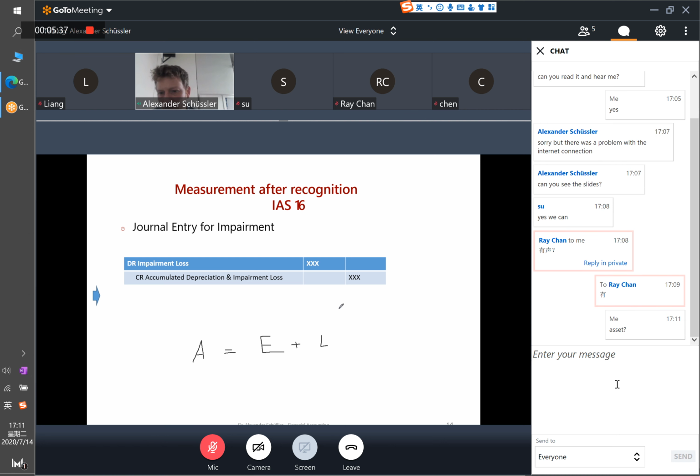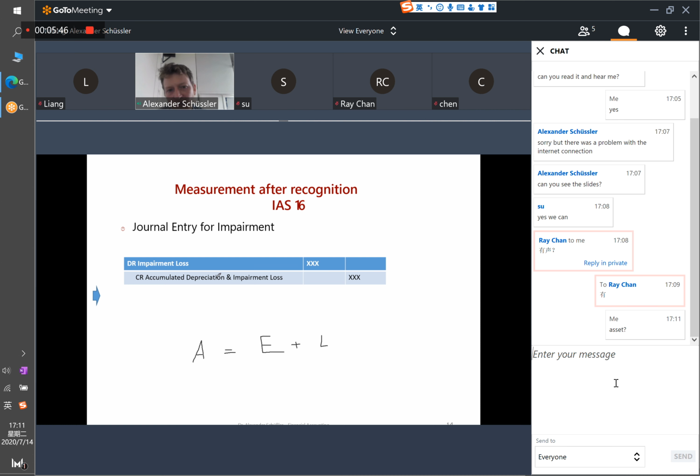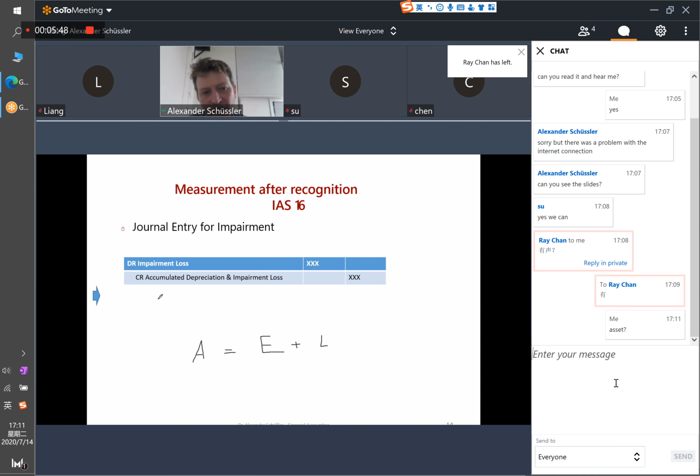When you debit impairment loss, yeah, okay, so an asset. When you credit accumulated depreciation and impairment loss, this is a contra account to an asset. So Liang is right. This is a contra account to an asset.